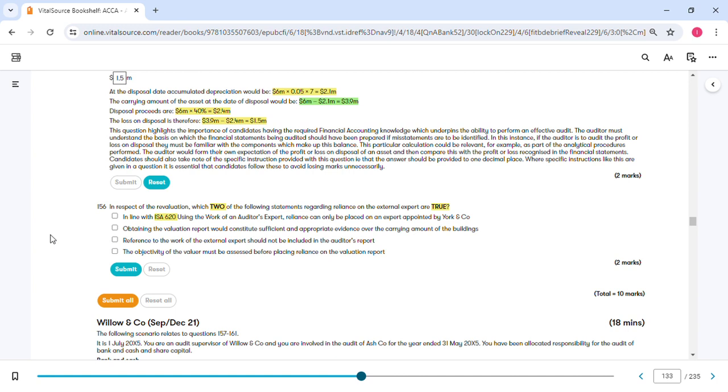In respect of the revaluation, which two of the following statements regarding reliance on the external expert are true? Reference to the work of the external expert should not be included. The objectivity of the valuer must be assessed before placing reliance on the valuation report. Which are true? Tell me.